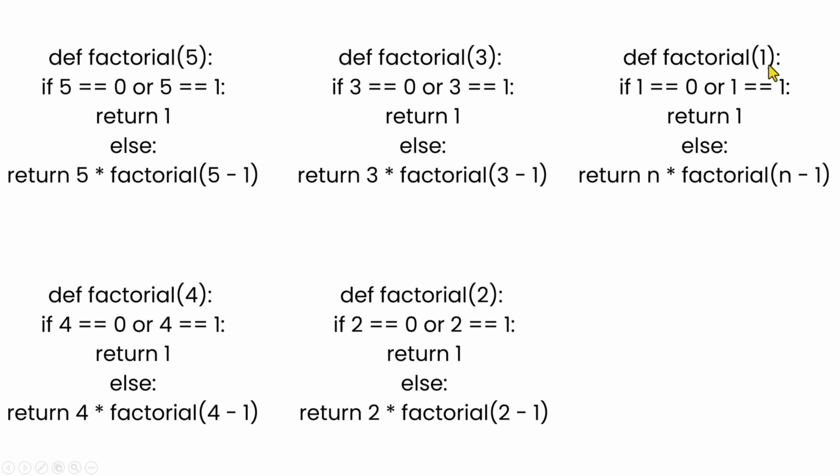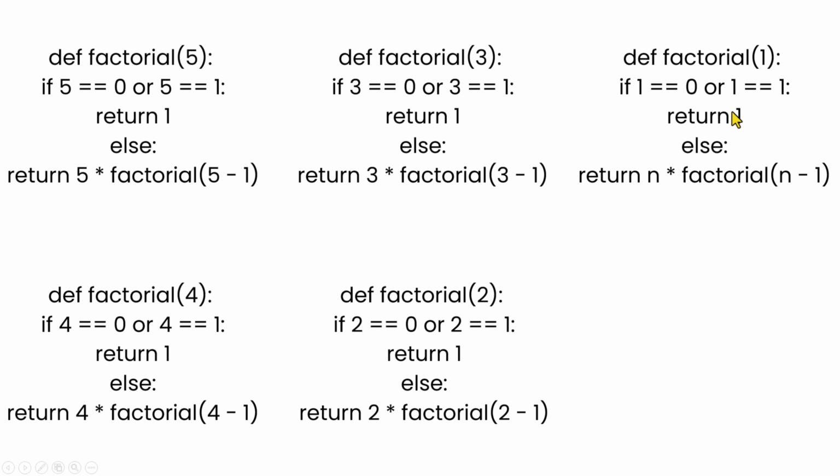Now n equal to 1. It checks if 1 is equal to 0 or 1 is equal to 1. Now this is true, and for OR, the entire thing becomes true if one of the expressions becomes true. Since this is true, 1 will be returned and else will be skipped.